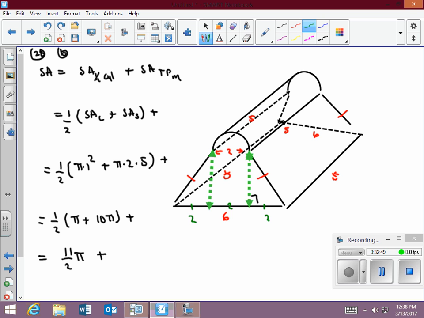Do we have enough information? We need to know that height, because the area is 1/2 times base 1 plus base 2 times the height.